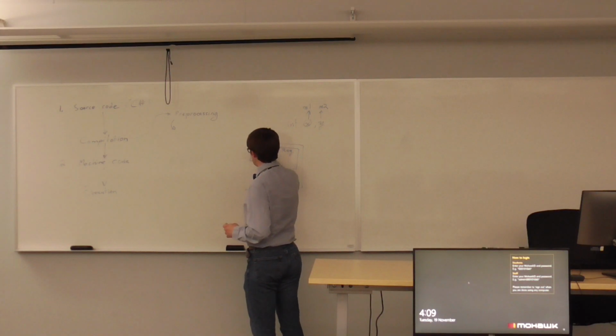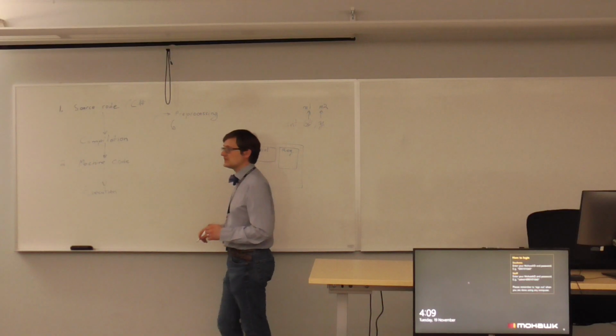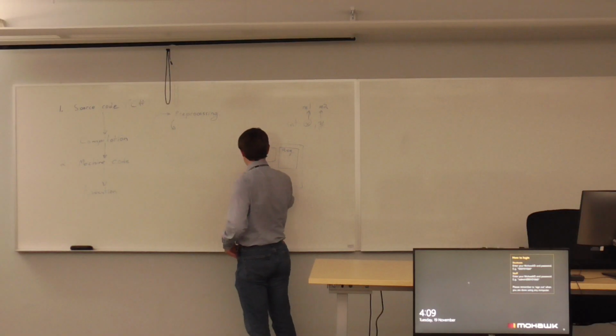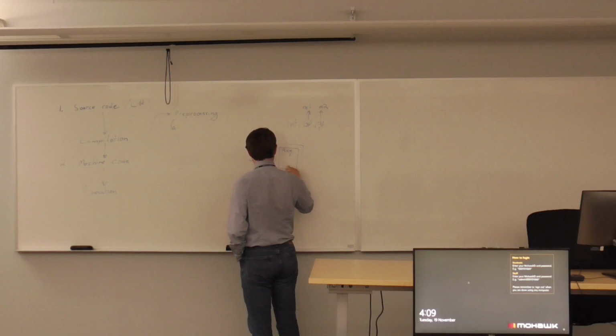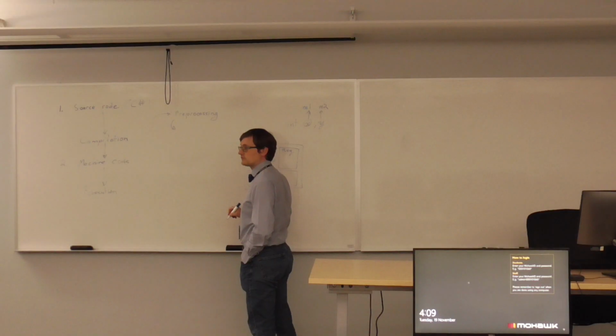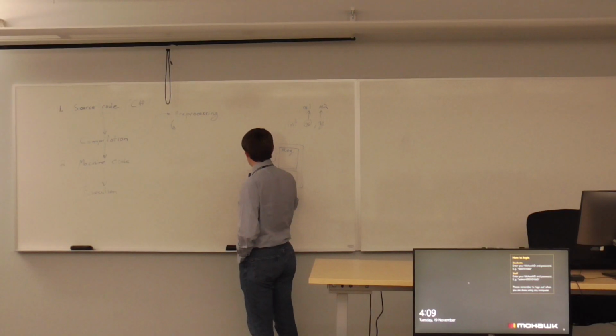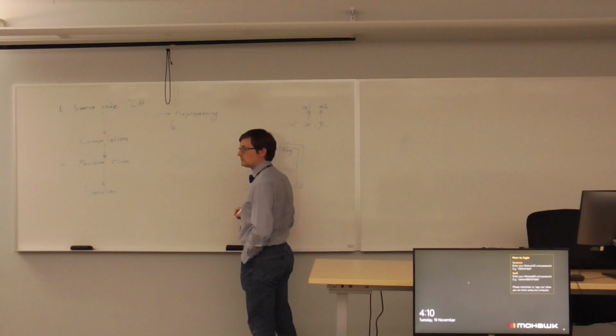You have a control unit. The control unit is what reads the instructions, right? And then you have a big thing, which is most of the CPU actually, called the arithmetic logic unit, or ALU. This is the circuitry that actually performs the mathematical and logical operations, right?